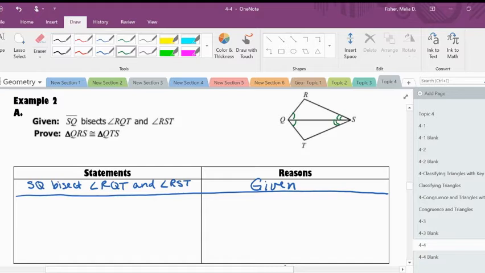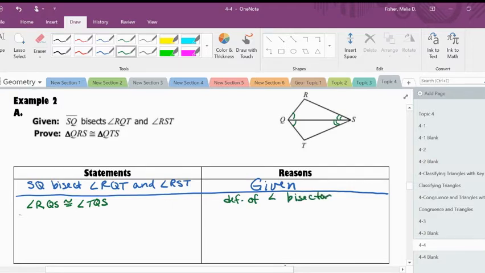We need to state that in our proof. So we're going to say that angle RQS is congruent to angle TQS. And our reason is definition of an angle bisector.